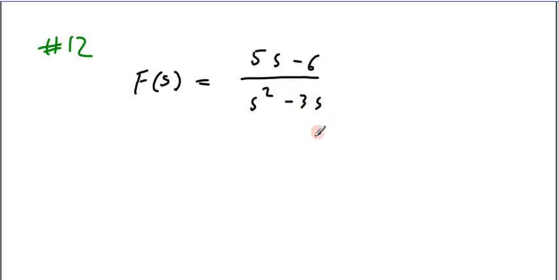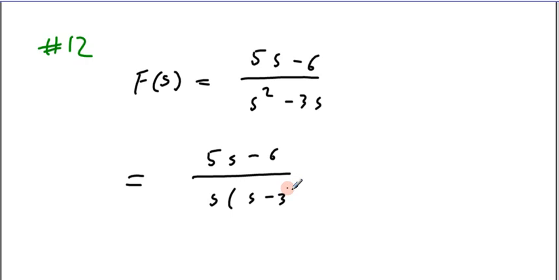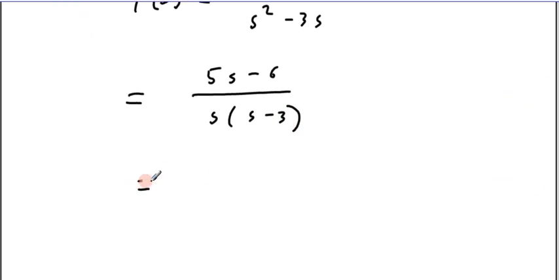We have f of s is 5s minus 6 over s squared minus 3s. And we can rewrite that as 5s minus 6 divided by s times s minus 3. We can look at the partial fraction, which is going to be a over s plus b over s minus 3.